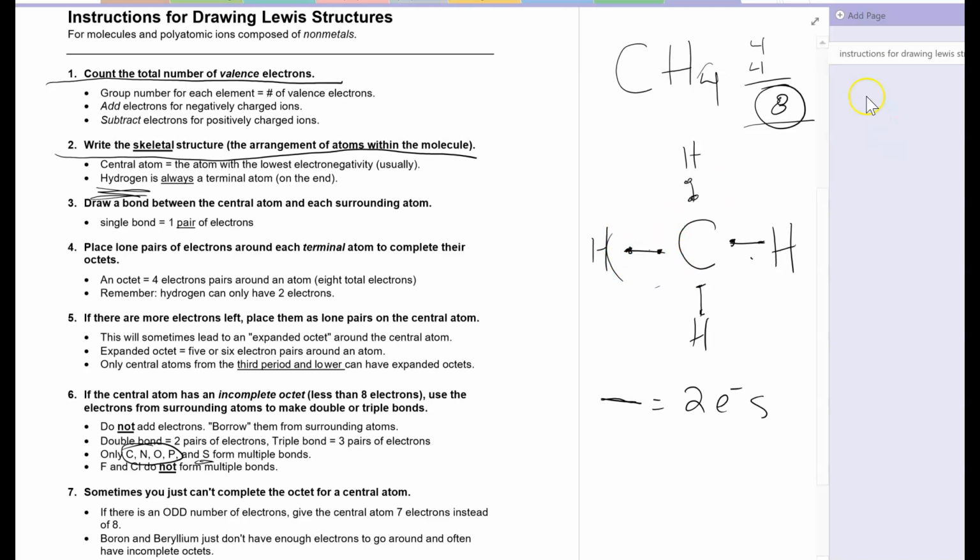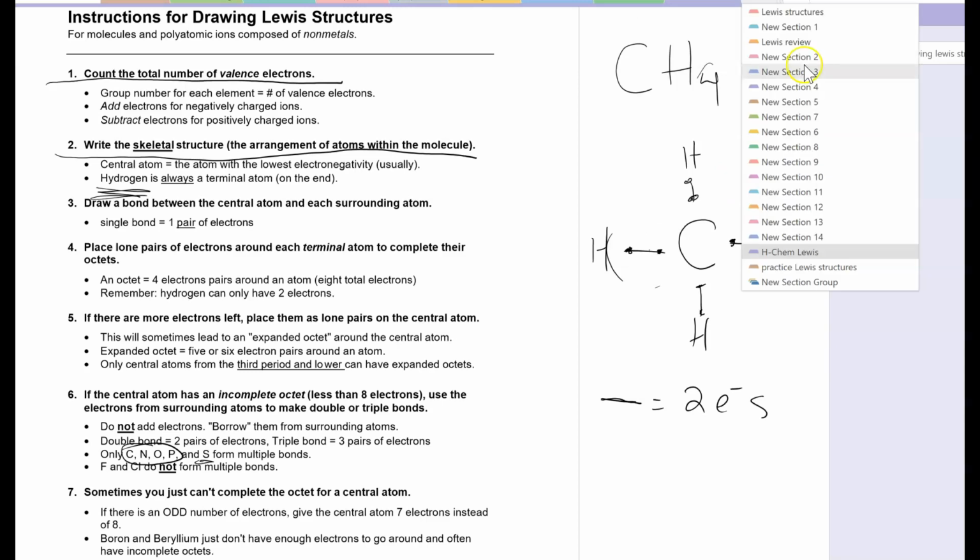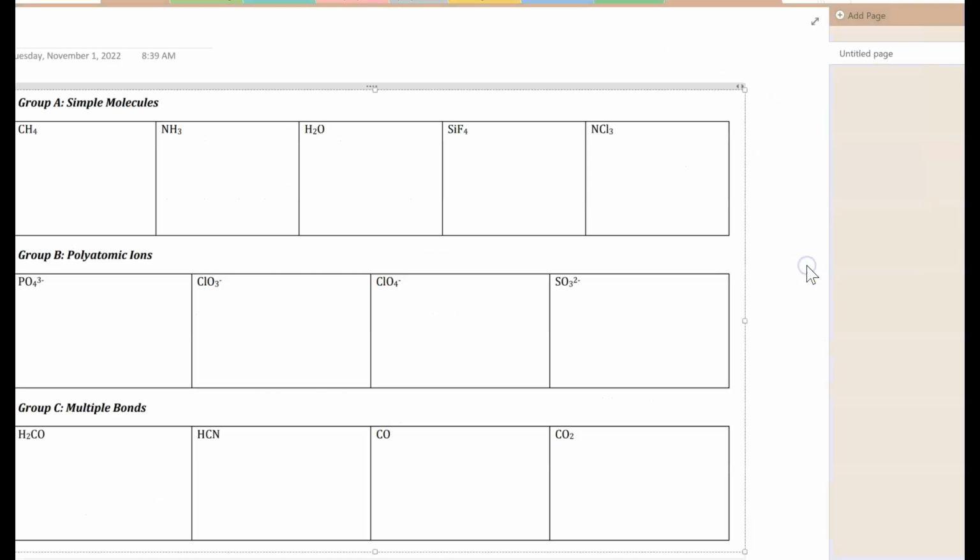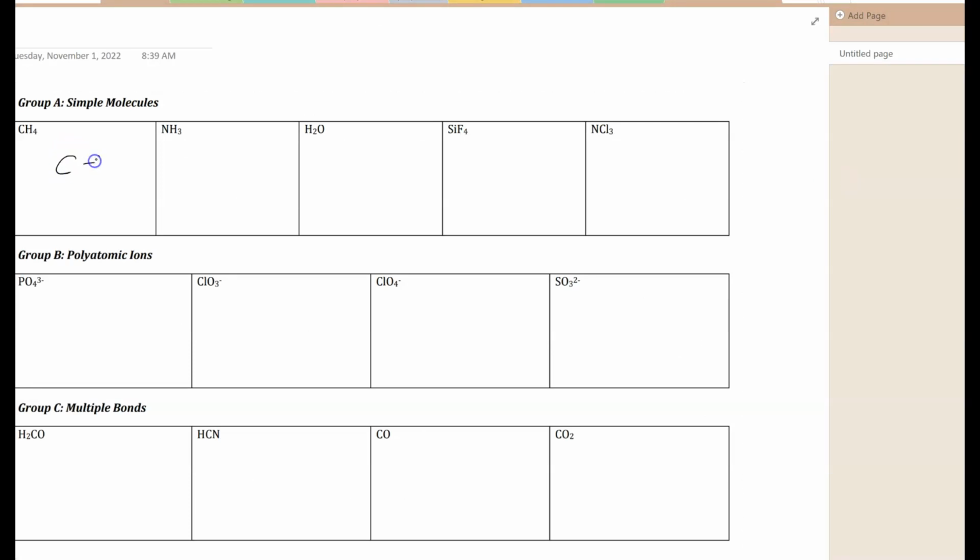So let's do a few example problems. CH4 we just did, we'll put it here as well. Now let's look at NH3. First thing you want to do is count out the number of valence electrons. Nitrogen is a group 15 element, and each hydrogen has 1, and there are 3 of them, so there's a total of 8 that we need to account for.